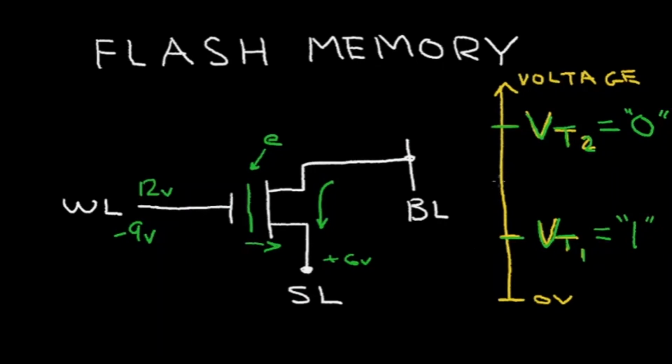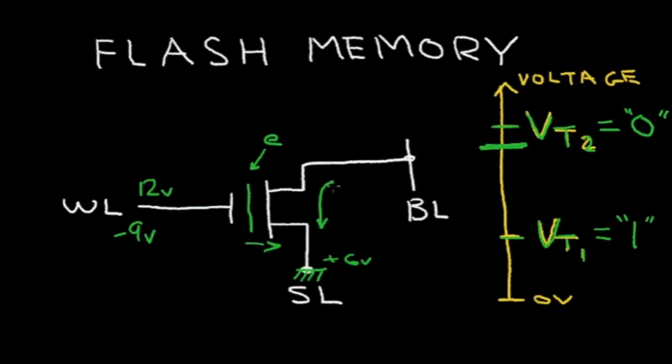Let me just mention one more thing here. If I want to do a read operation, this source line will be connected to ground, and I'll raise the word line voltage, but less than VT2.